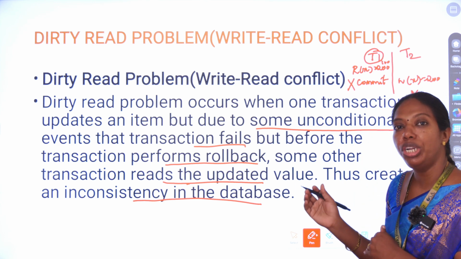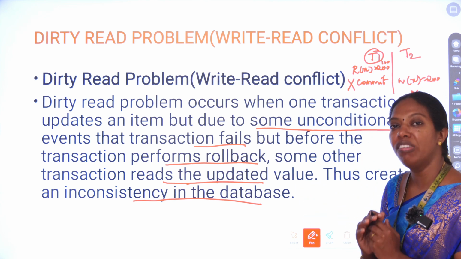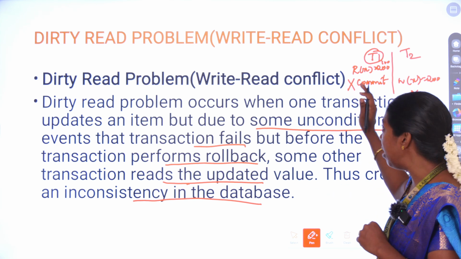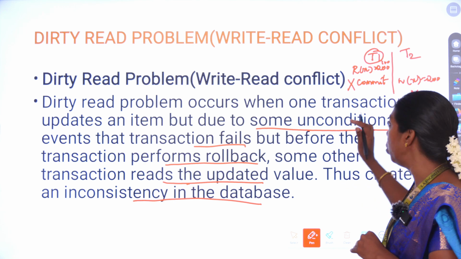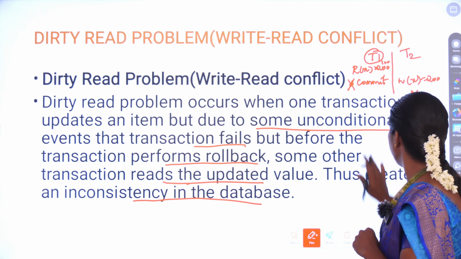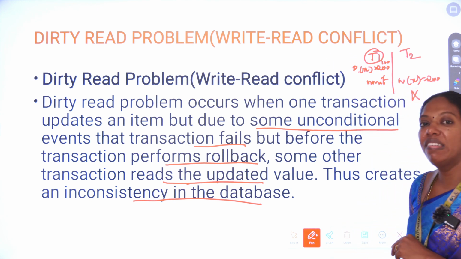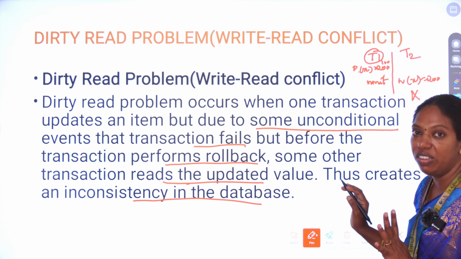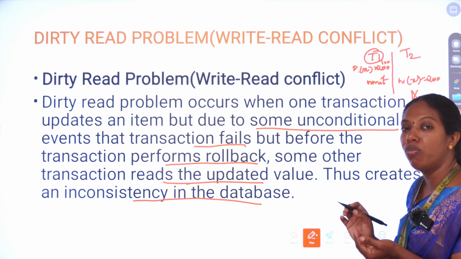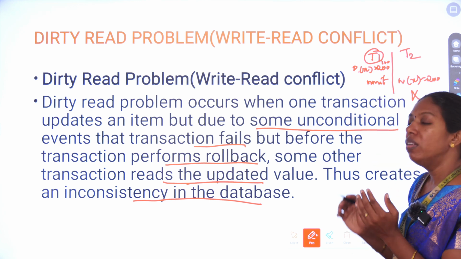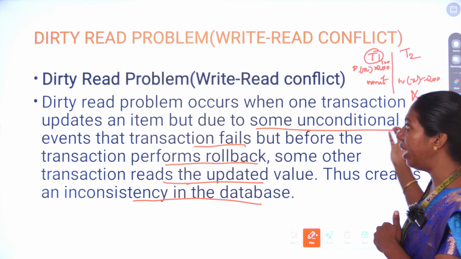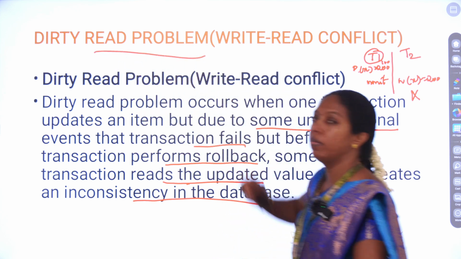But in transaction T2 it only updates its value as 200, not as 100, while transaction 1 keeps its value as 100 and gives the commit. T1 rolls back its value from 200, so the transaction 2 which reads its value as 200 creates the dirty read problem.